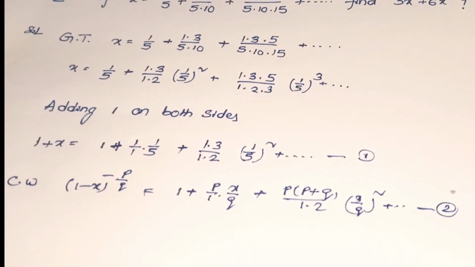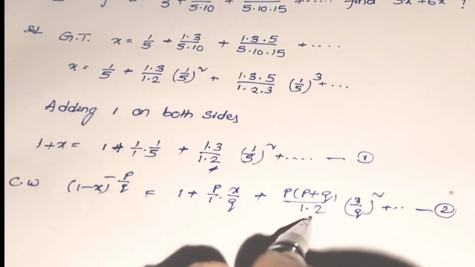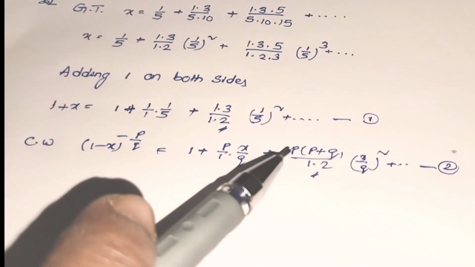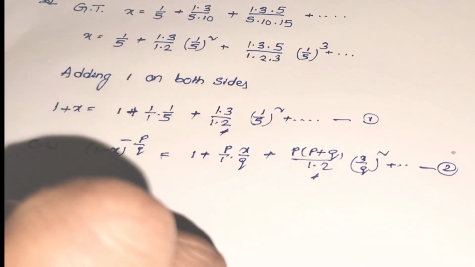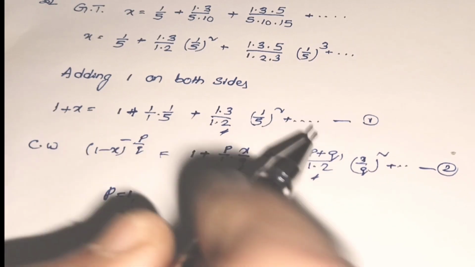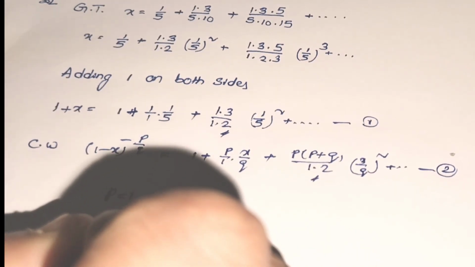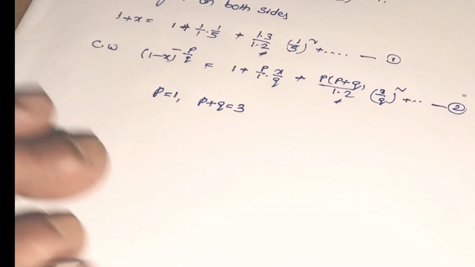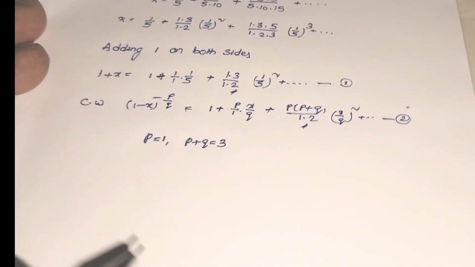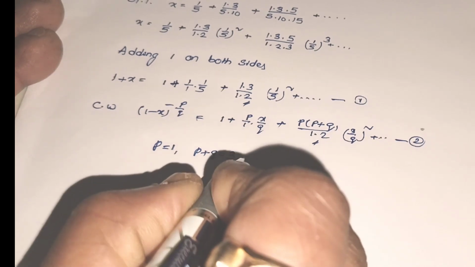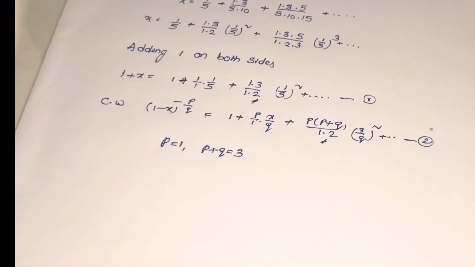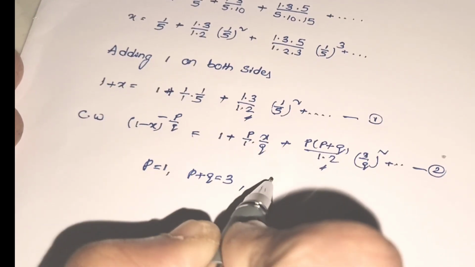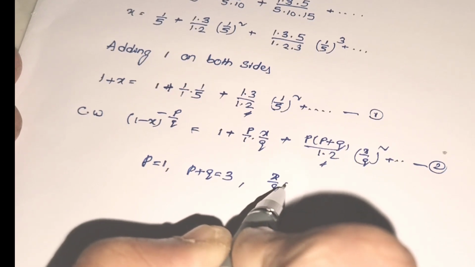Now take the comparison of the corresponding values of the two equations. What is the first value? p is equal to 1. And what is the second value? p plus q is equal to 3. And the third value, x by q is equal to 1 by 5.